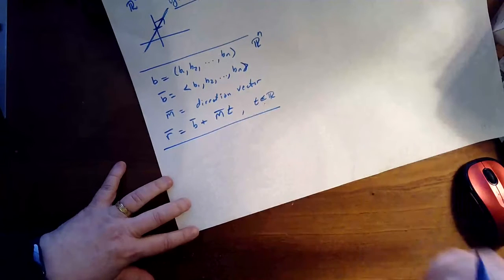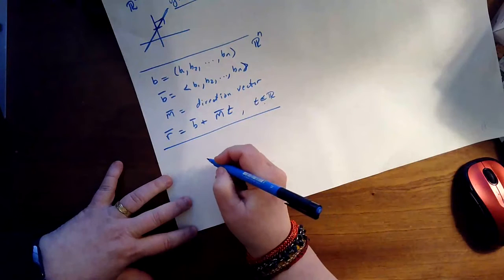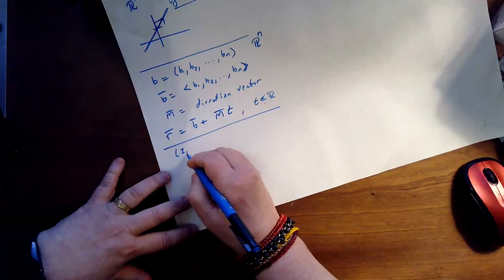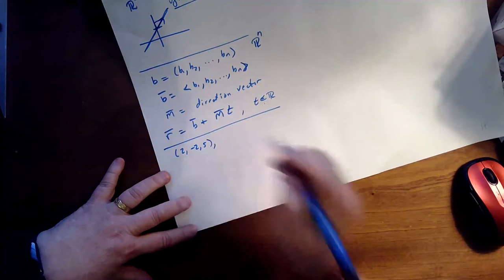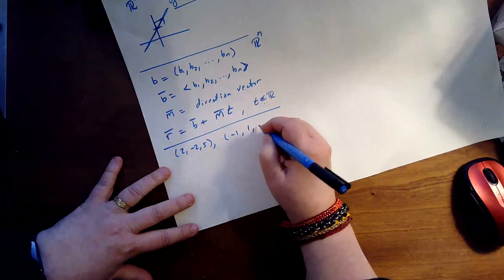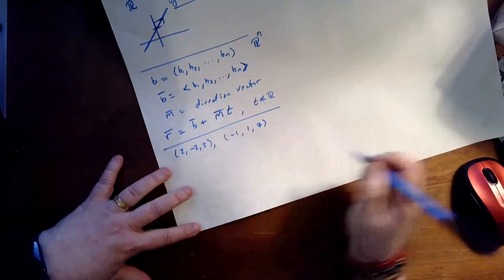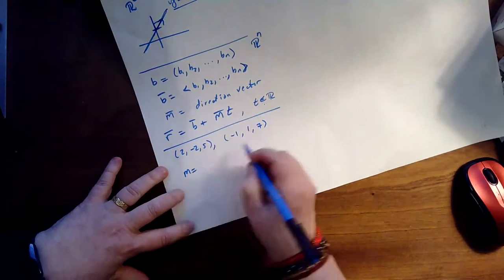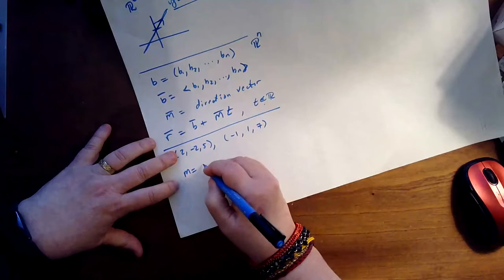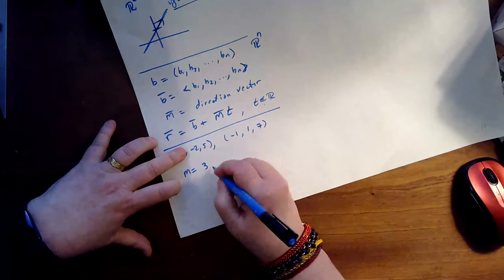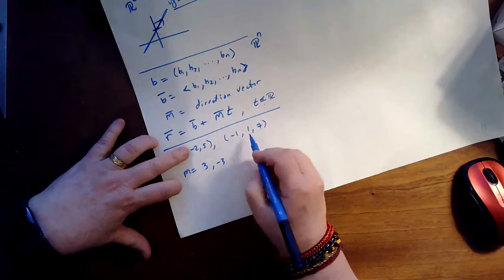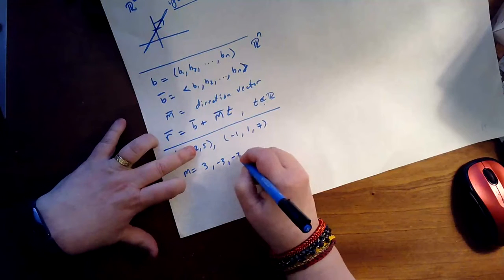So, for example, let's say I want the equation for a line going through these 2 points. I want to go through (2, -2, 5), and I want it to go through the point (-1, 1, 7). Well, my slope vector, pick a direction. 2 minus a negative 1 is 3. Negative 2 minus 1 is a negative 3. 5 minus 7 is negative 2.